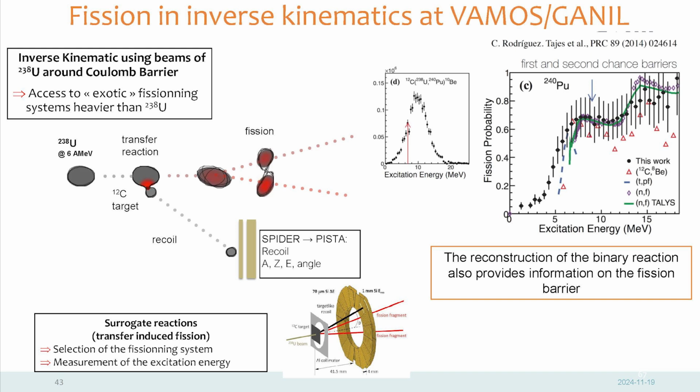In the case of SPIDER, we have something like 2 to 3 MeV excitation energy resolution. But you will see today there are new results from an updated system where we have almost reduced it by a factor of 3, getting towards below 1 MeV excitation energy resolution, okay? So this is the entrance channel.